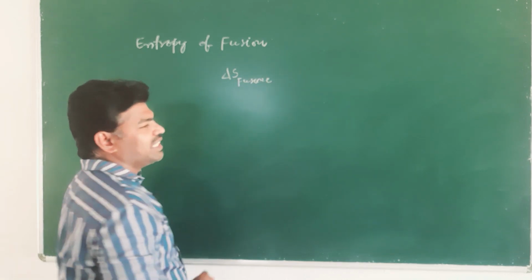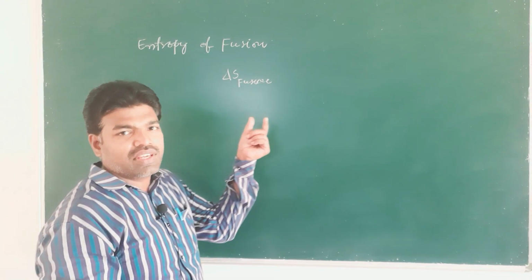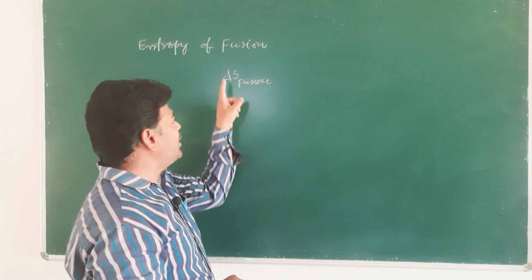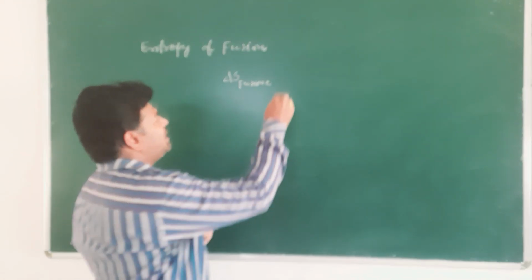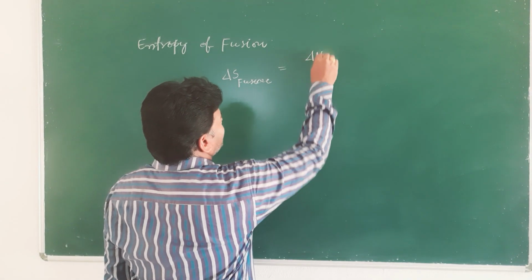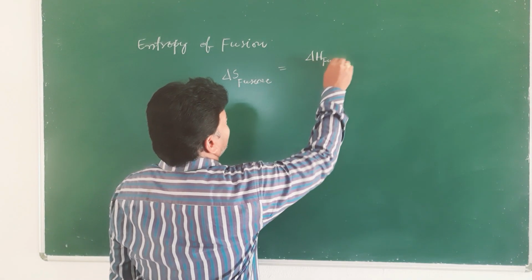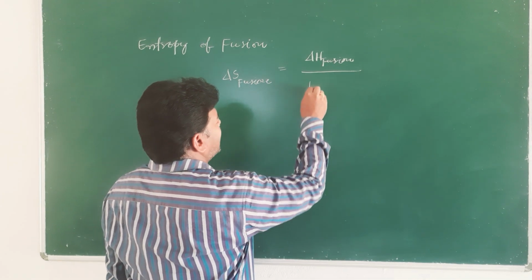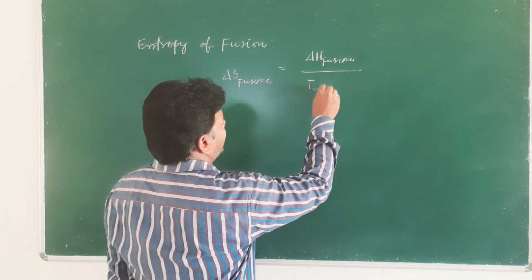Fusion is nothing but a transformation of a solid substance into liquid, right? So entropy change for fusion can be calculated by the formula delta H fusion divided by the melting point temperature, since fusion takes place only at the melting point.